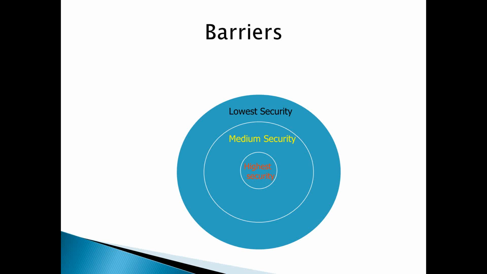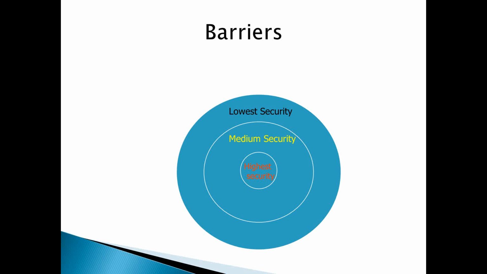When we're designing our barrier system, we want to keep in mind we're doing protection in depth. We want to start at the very outside of our facility, which has the lowest security. This is the common areas where you have parking. You want to control vehicle traffic in and out. You put up a fence and you have gates and things of that nature. Then you want to move into your medium security area.